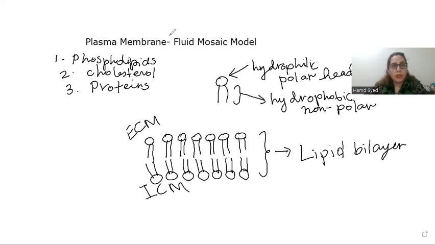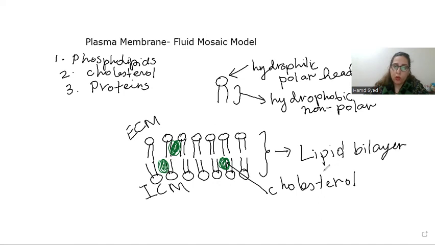Now we come to the second component, which is the cholesterol. Cholesterol is embedded within this phospholipid bilayer structure at varying densities in different locations. And this cholesterol, I just want to label it, has a very important function in the plasma membrane.